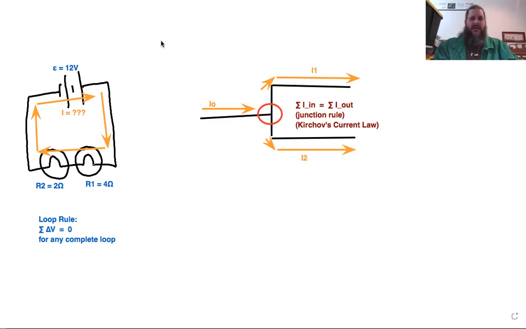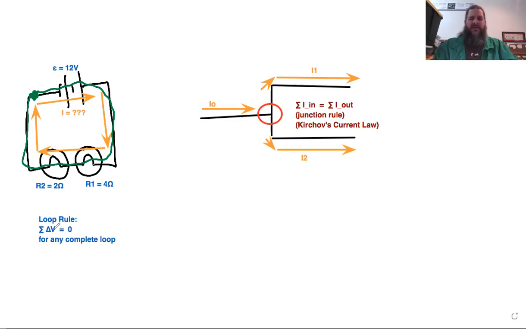because you return to the starting point. Same idea here. If you start at any point on the circuit, and you can start anywhere, I usually find it easiest to understand what's going on if I start right before the battery. So starting here, if we travel around the circuit, we have returned to the starting point.